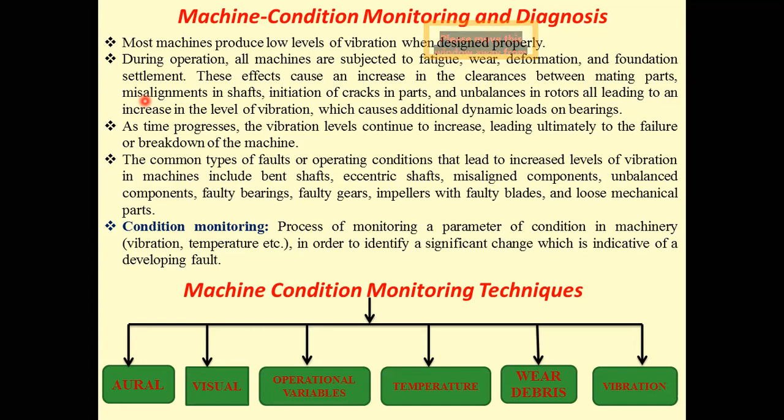These effects cause an increase in clearance between mating parts. Then there will be a misalignment in the shaft, initiation of cracks in various parts of the machine, and unbalance in the rotor.